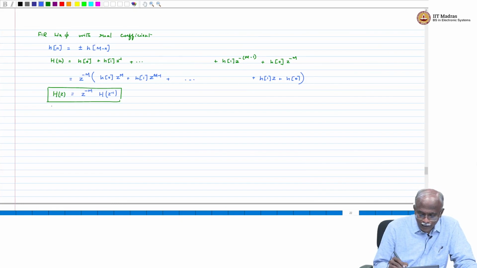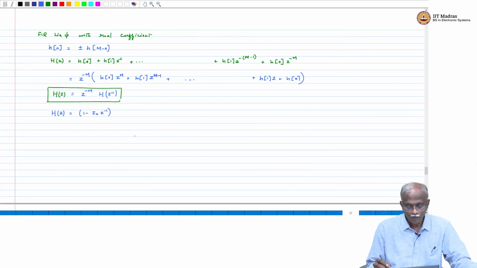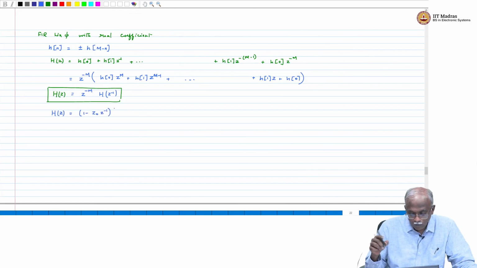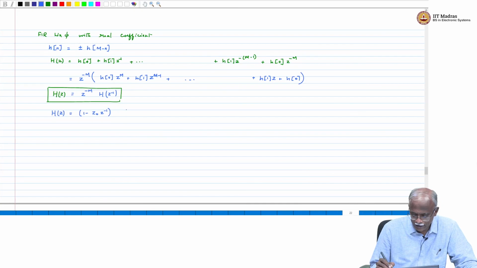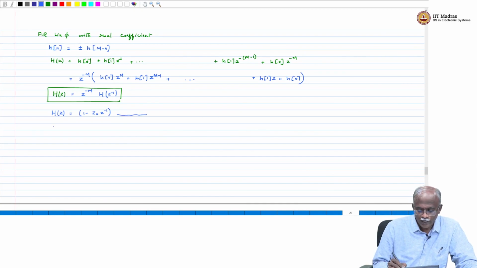So if H of z has a zero at a particular location, 1 minus z naught z inverse, then what does the property of linear phase say? Basically it has many other terms, but it has this term also.